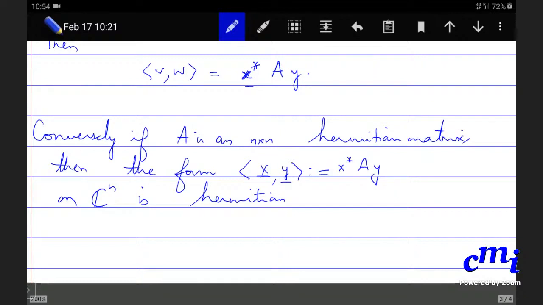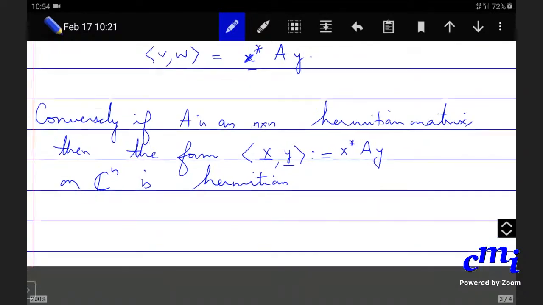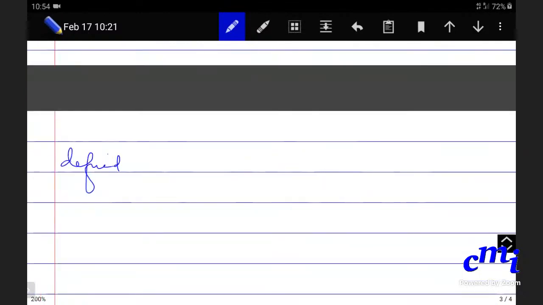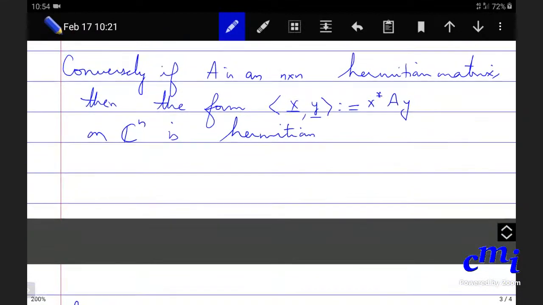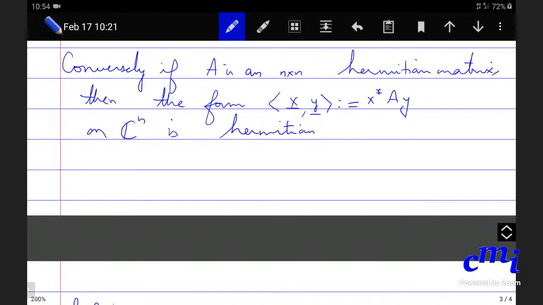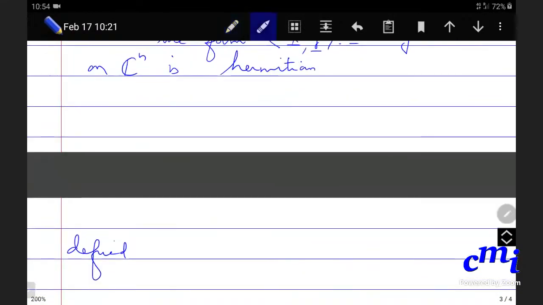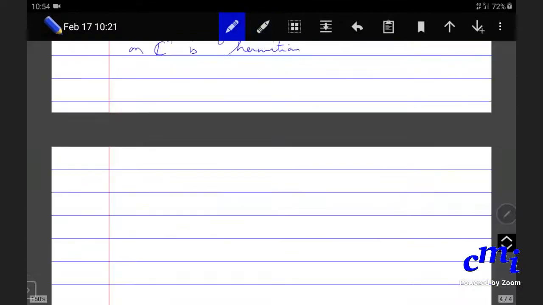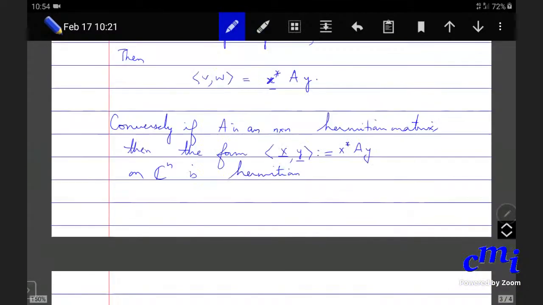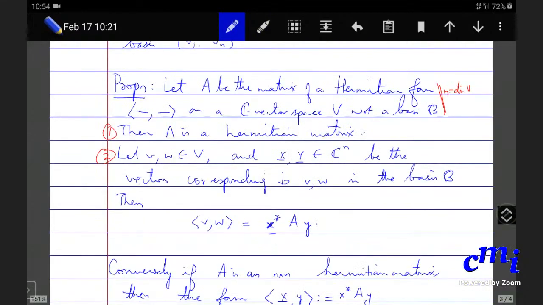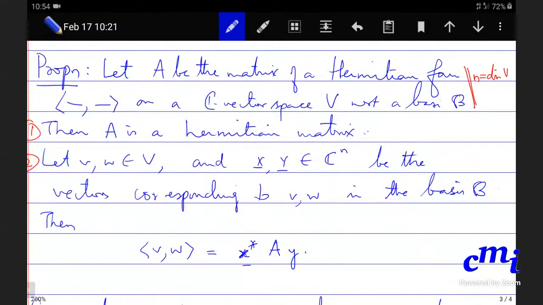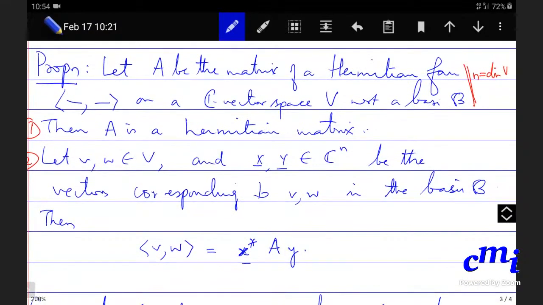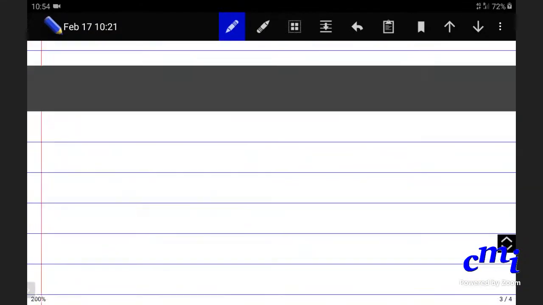Conversely, the form on Cn. I hope the statement of the proposition is clear. Once you write out the proof, you'll see that it is actually a similar proof to the real symmetric case. But I will still nonetheless sketch this just so that you don't miss it.